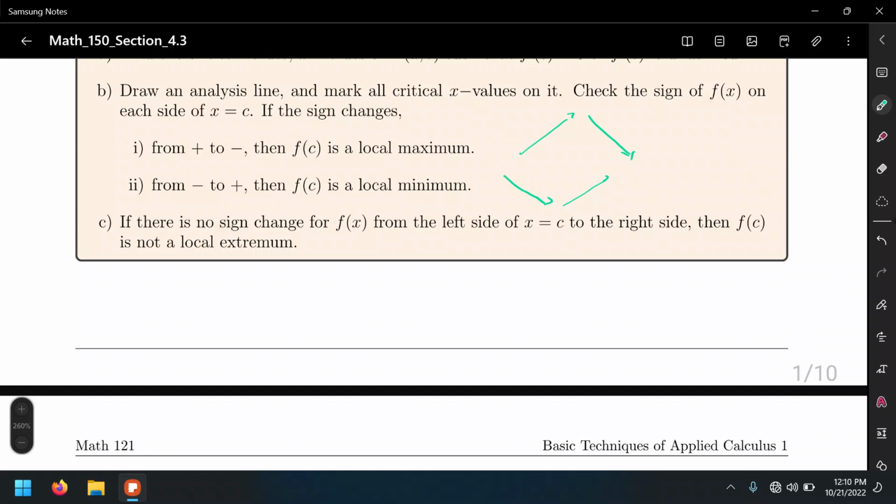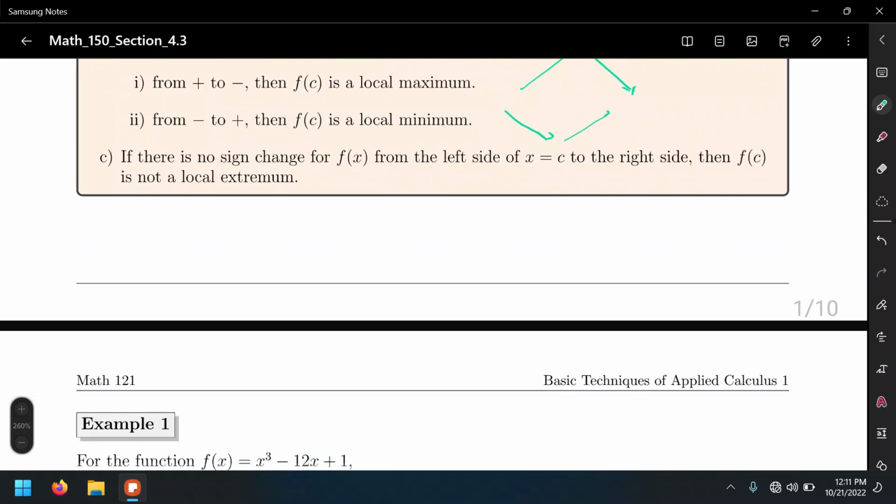So there's neither a max nor a min. And in some cases, even if you have increasing to decreasing or decreasing to increasing, that might be a little tricky. That doesn't necessarily imply the existence of a maximum or a minimum respectively, because we will have some restrictions on the function, but that's something we're going to look at later today.